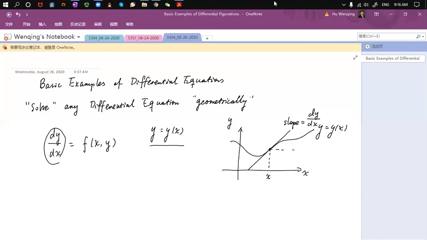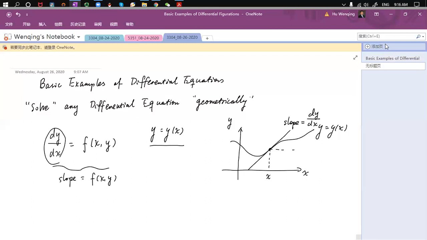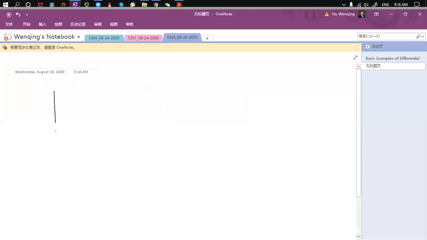So the meaning of this equation is simply that the slope is equal to f(x,y). You can think of this whole problem reversely. In an xy plane, at every point, suppose this is the point x and y, you are going to have f(x,y).